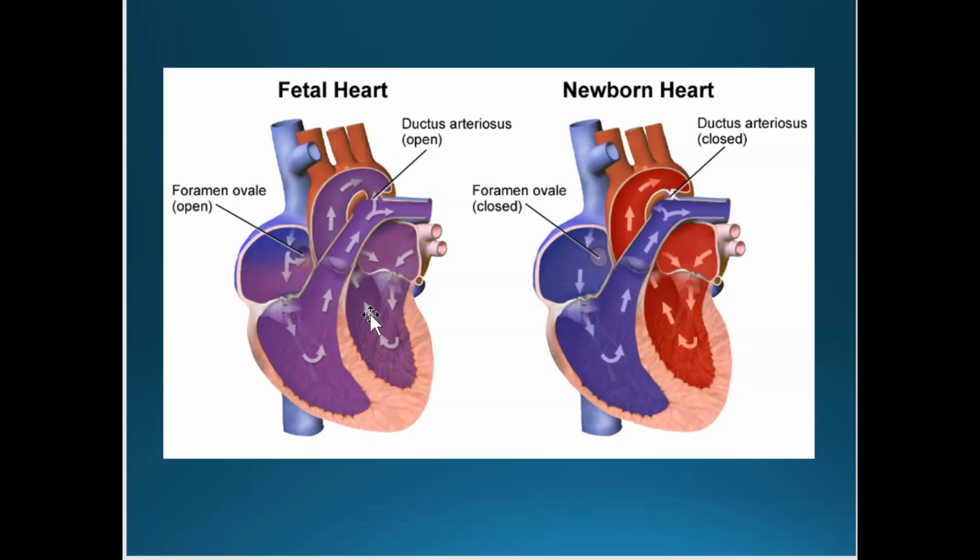A murmur is the blood shunting from one side to the other, through flaps that aren't usually open between the chambers of the heart. We can hear the same sound when we have these openings that aren't completely closed yet. So if we hear a murmur on a newborn assessment prior to the 24-hour mark, we absolutely document it and follow up on it, but it's not uncommon for that murmur to go away after the 24-hour mark. And that's why.